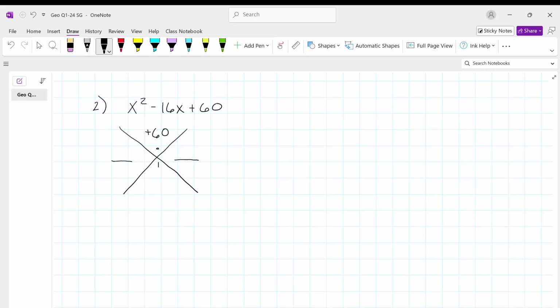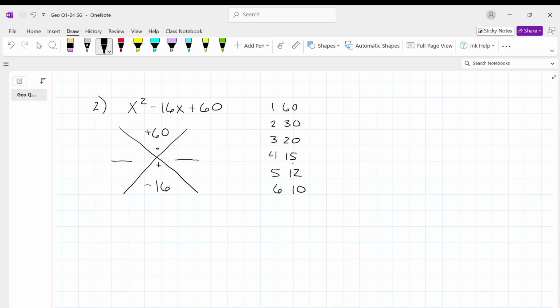And then a factor plus a factor that's got to equal -16. So I list the factors of 60, which are 1 and 60, 2 and 30, 3 and 20, 4 and 15, 5 and 12, and 6 and 10.